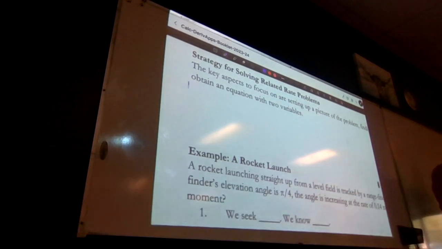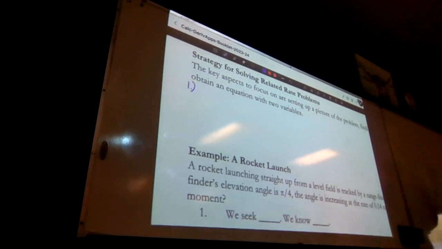So, the first thing is you need to understand the problem. What rates do you have? What are you trying to find? What do you need to know? So here we have understand the problem. What is it asking you for? Then my next step, and this is always going to be true, is to develop a model. You need some form of equation or expression in order to solve these.